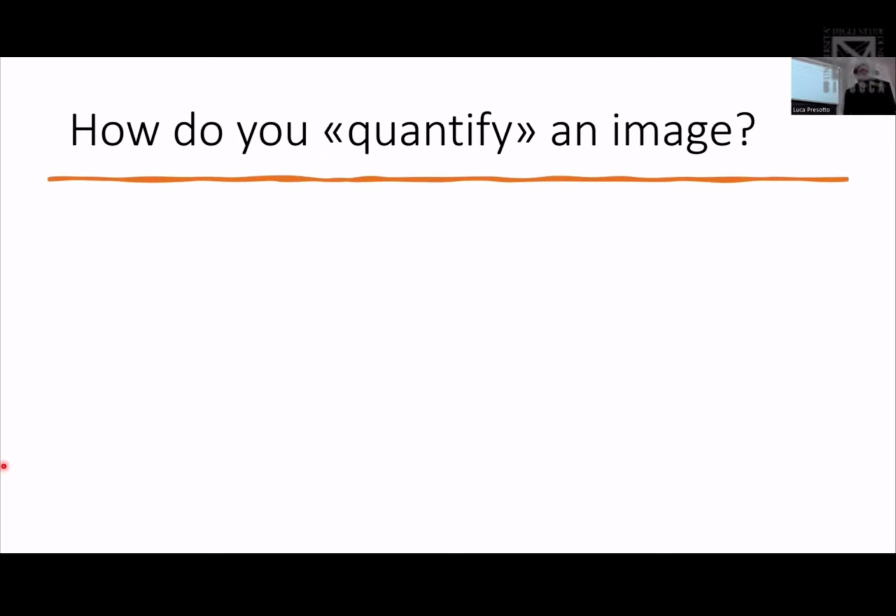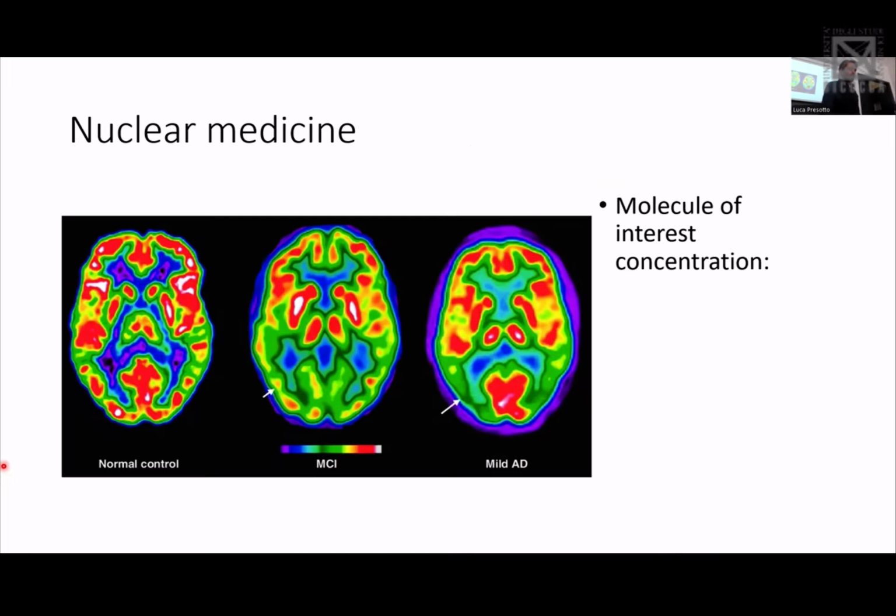The question is, how do you quantify an image? There's this sentence that humans like to say, which is, well, I know it when I see it, but you can't really translate that into an algorithm.